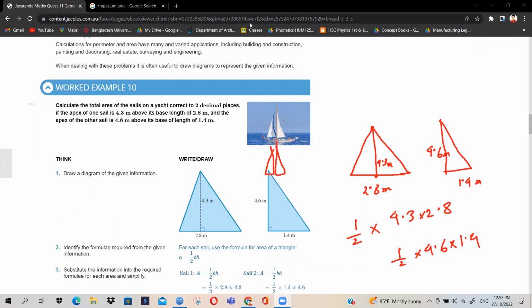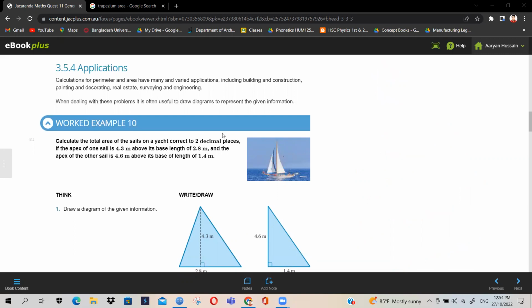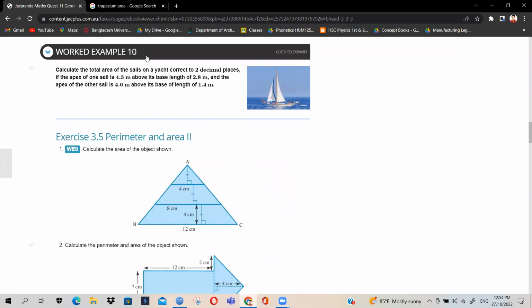But ever since you were a kid, you drew a boat with a triangle sail. Whenever you get a question regarding sails, you will consider a triangle.